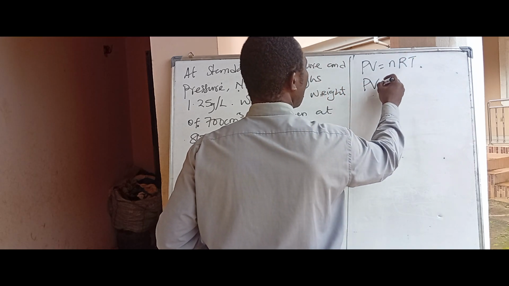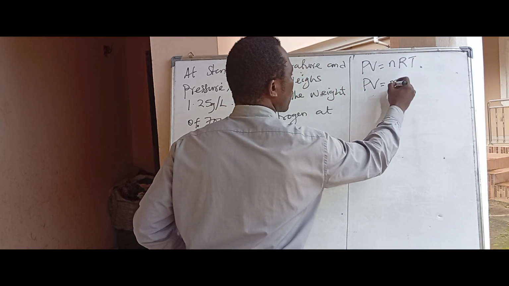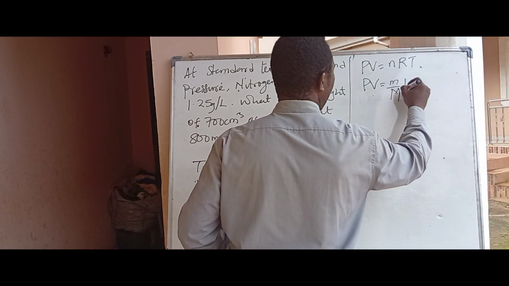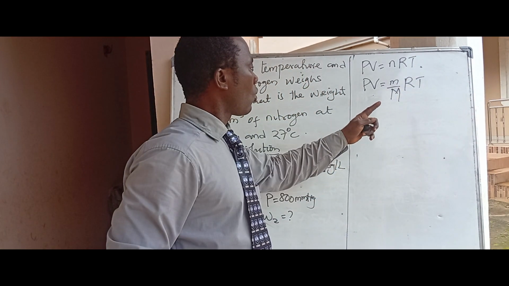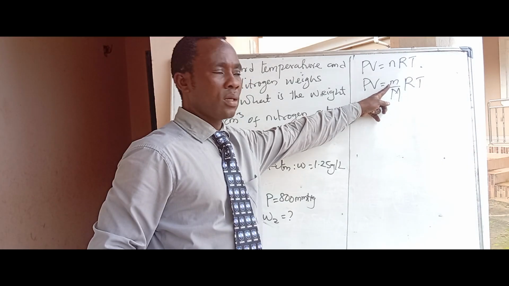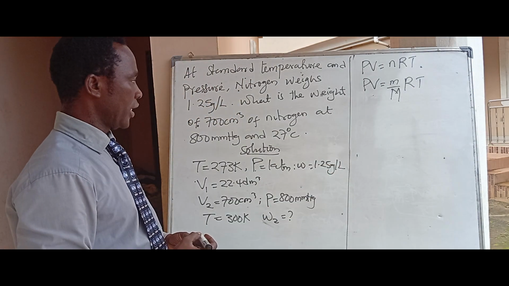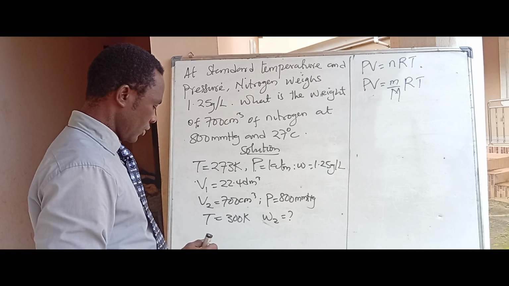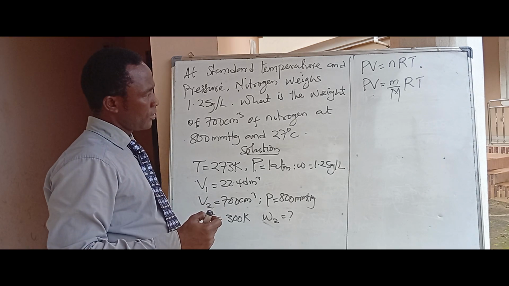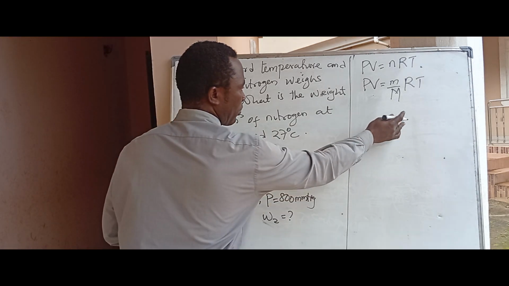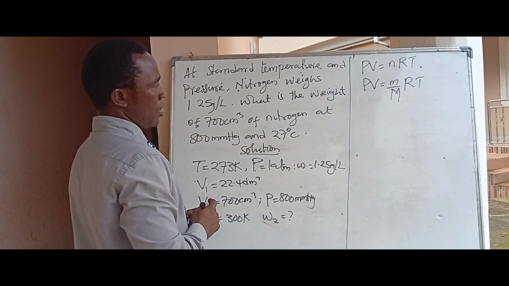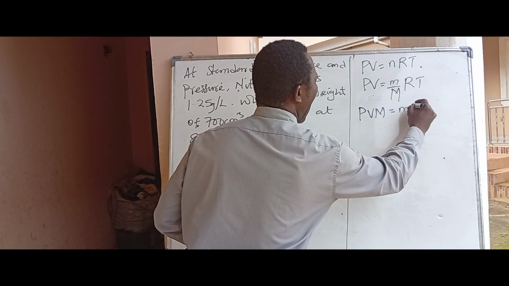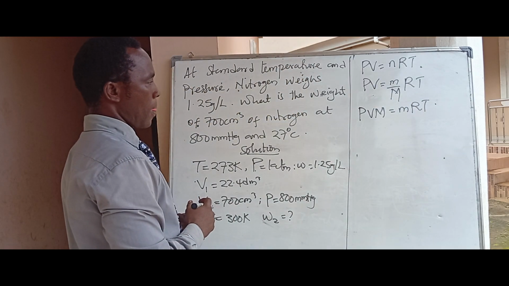The number of moles is mass over molar mass, multiplied by RT. What we are looking for is the weight, which is mass. If we cross multiply, we will have PVM is equal to mRT.